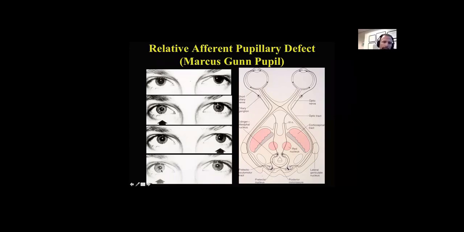You swing the light back in the bottom frame and both get smaller. And so that simply means that in this case, there's a left relative afferent pupillary defect, and more light is getting back on the right side than the left. So there's more signal getting back to the brain stem when you shine the light in the right eye than the left. That is the basis of a relative afferent pupillary defect.